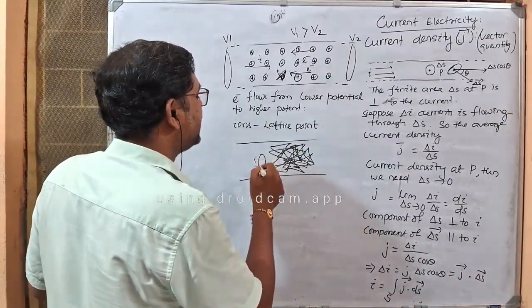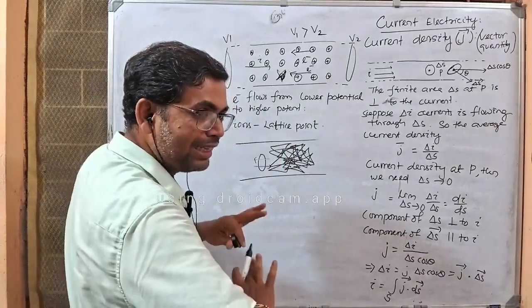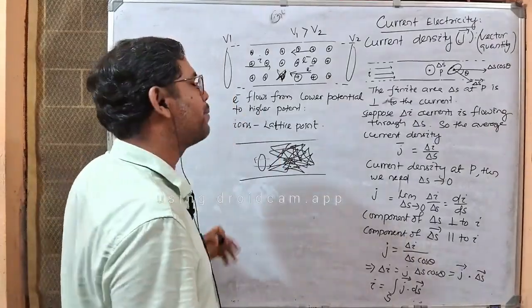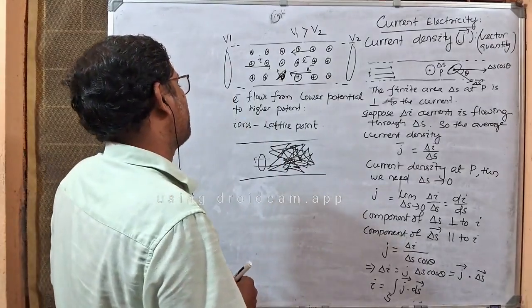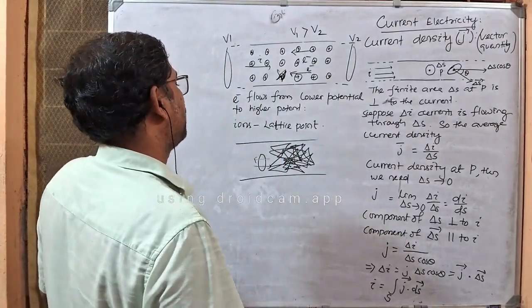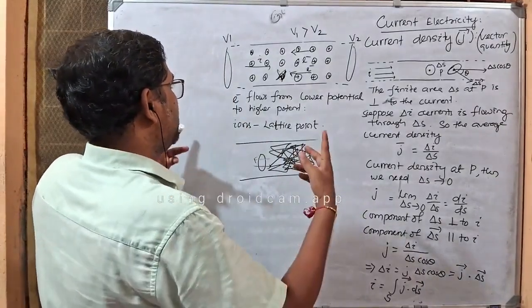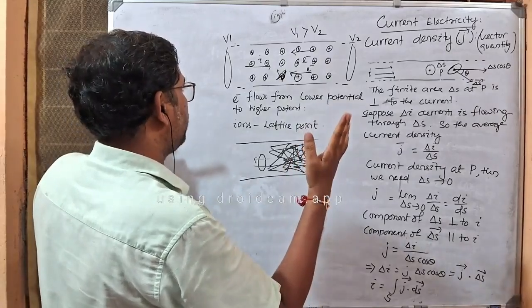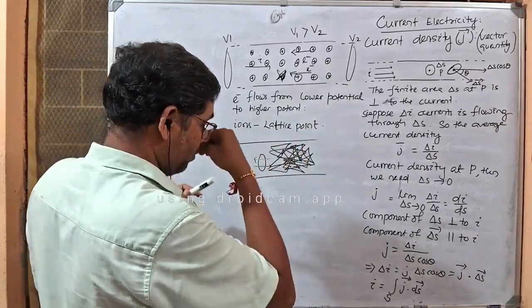So net current is zero through a surface when no potential difference is given. When there is no potential difference, no drift velocity, no flow of current.